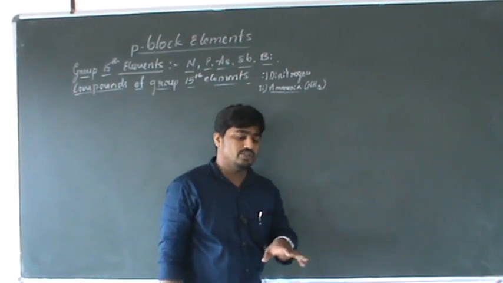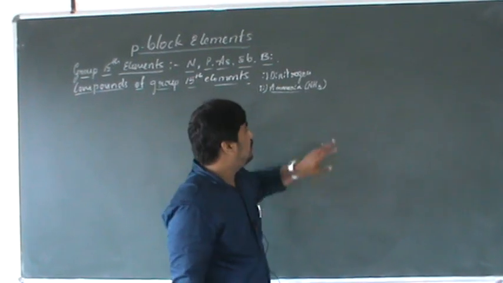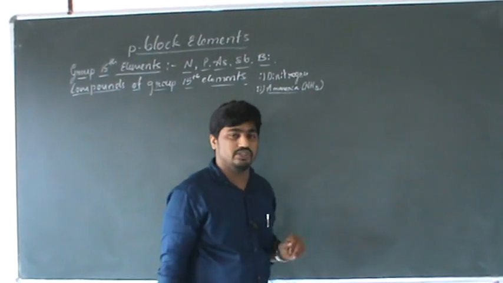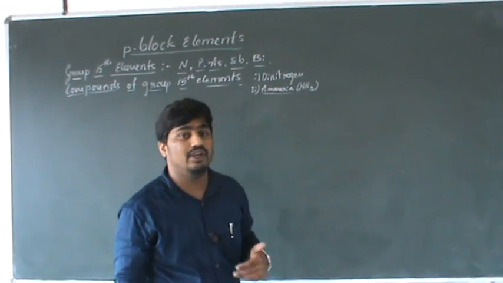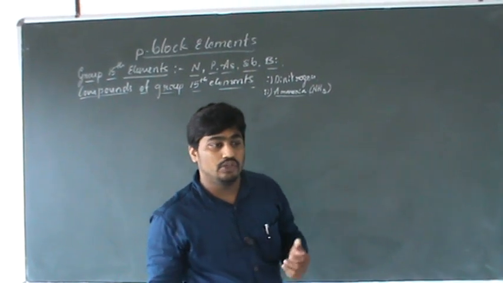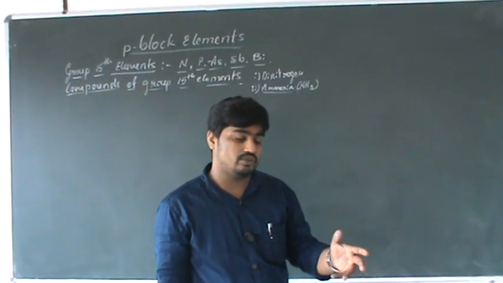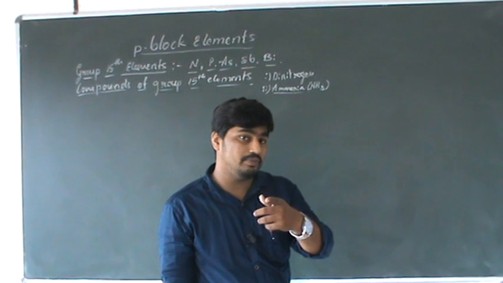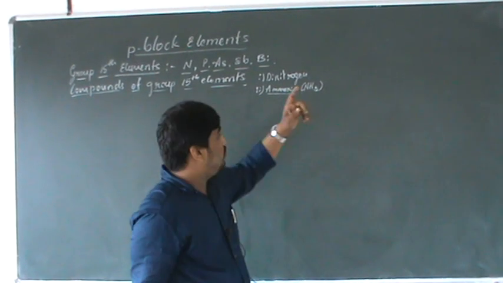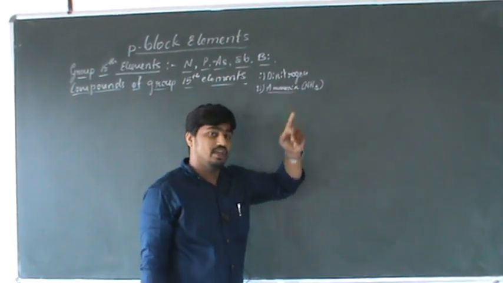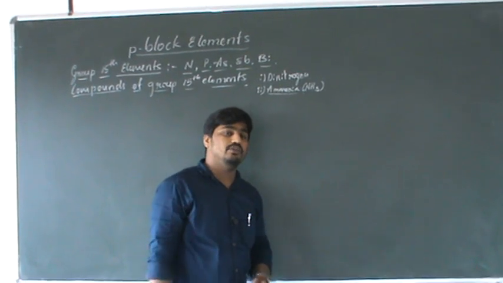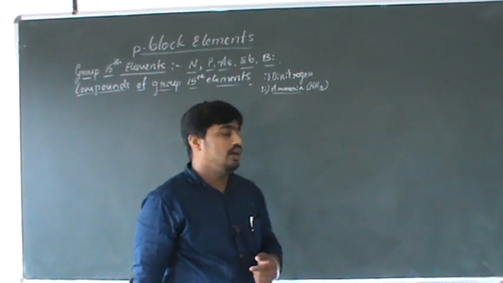Ammonia is prepared using the raw materials nitrogen and hydrogen. These two are available in our atmosphere. Pure dinitrogen is needed, and in the dinitrogen topic we discussed how to get it. Pure dinitrogen is prepared using the air.